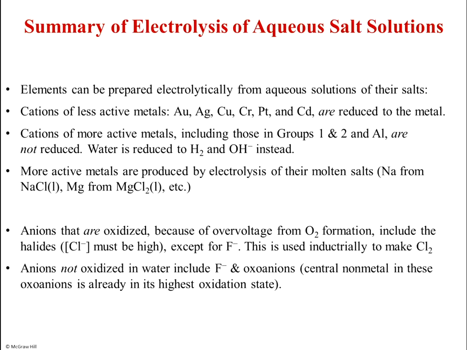In fact, making aluminum metal or sodium metal or magnesium metal typically requires high temperature. So you take the molten salt to very high temperature, and then you electrolyze those. So if you take sodium chloride and you electrolyze it, you get sodium metal. If you take magnesium chloride, this is how magnesium is produced.